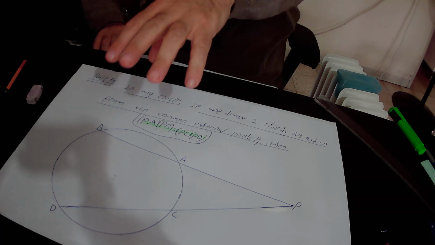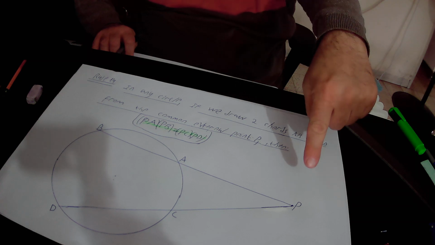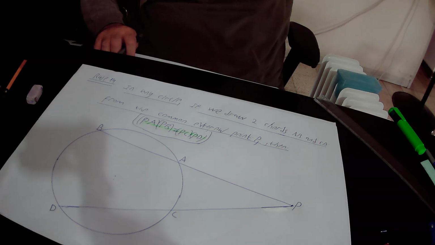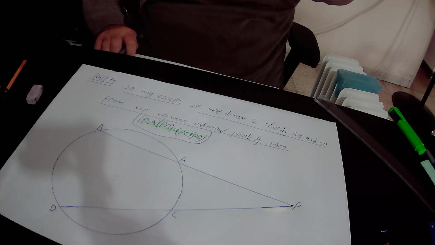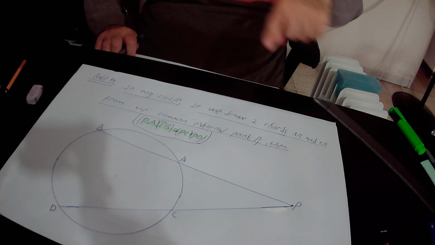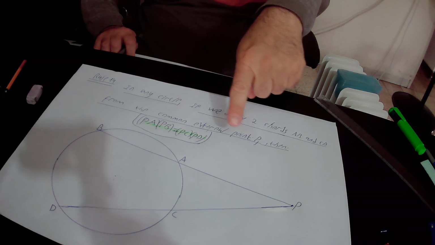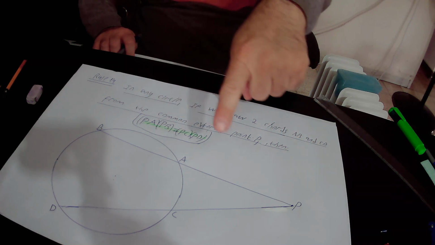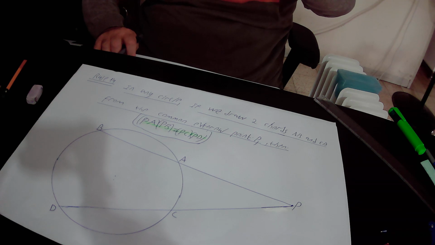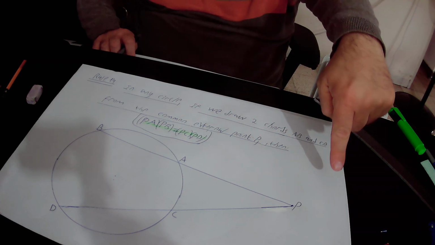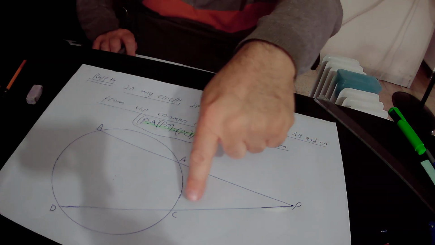So we have here this circle and the common external point, point P. From point P, we draw two chords inside this circle, chord AB and chord CD. So in this drawing, PA times PB equals PC times PD.